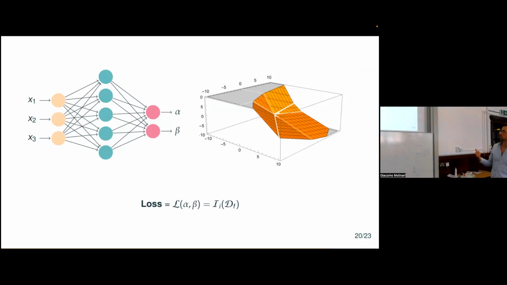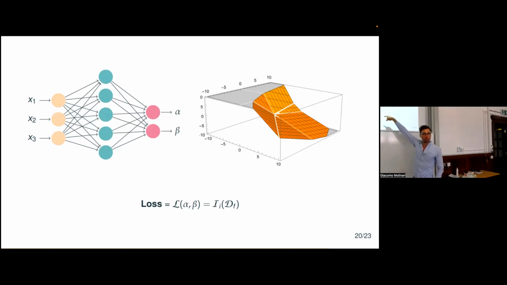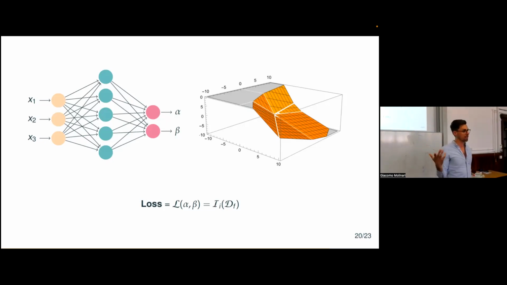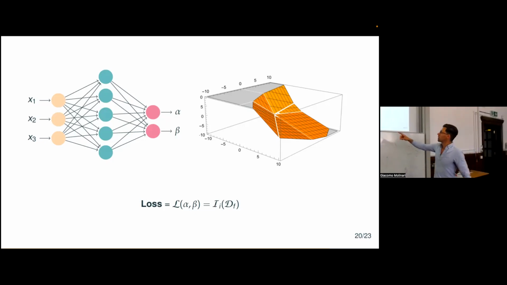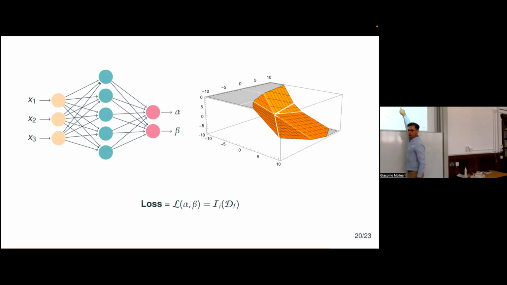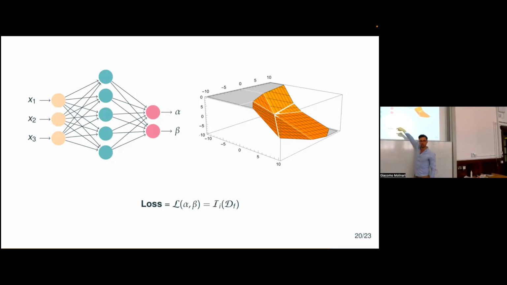Okay, so that's one shift in perspective that we're going to take when we're using IP scoring rules for this kind of classification task. Now, the alpha and beta that are in the output parameters, we're not treating them as classification probabilities that we're scoring directly. Rather, we're treating them as parameters of a set of desirable gambles, and then we're going to feed this thing into our IP scoring rule to determine the loss.